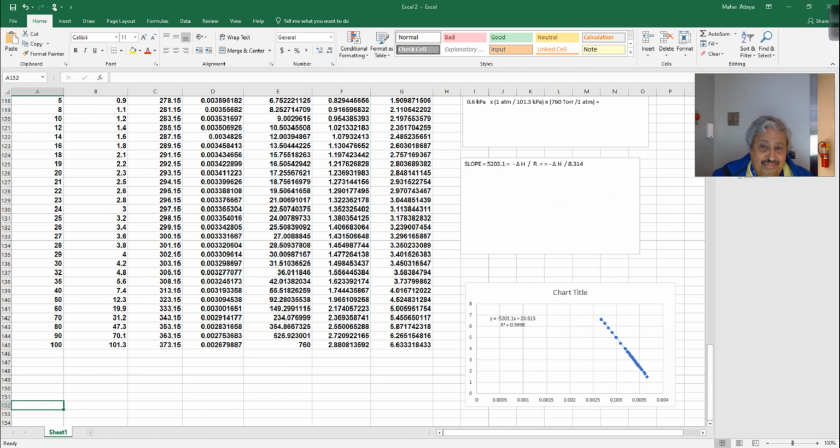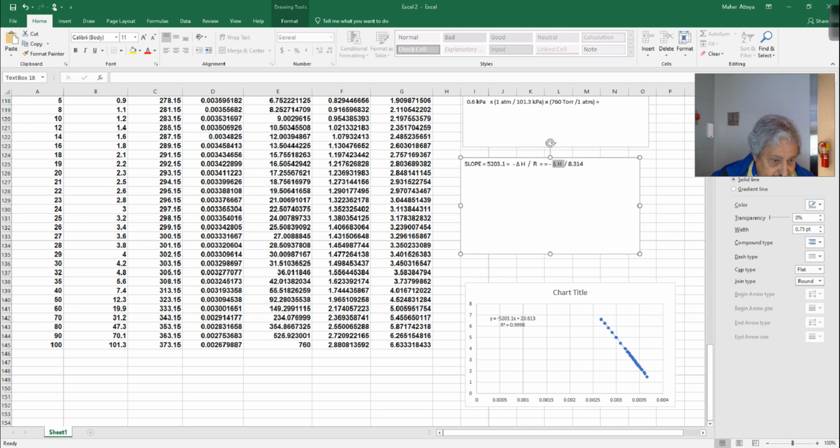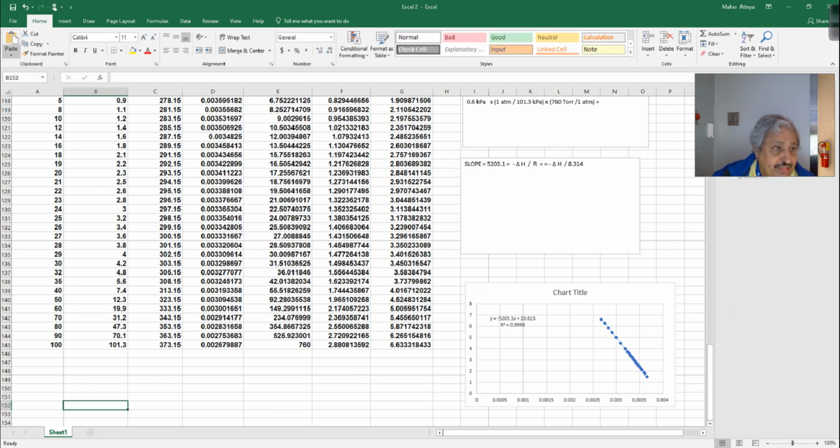We want the delta H, correct? Delta H will be this value here multiplied by the gas constant. If we put the value here, copy it, this is our delta H, pasted. That's our delta H, correct? And we have the value for it, which is the slope.